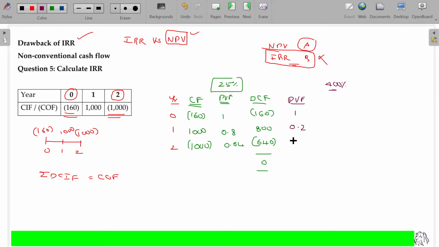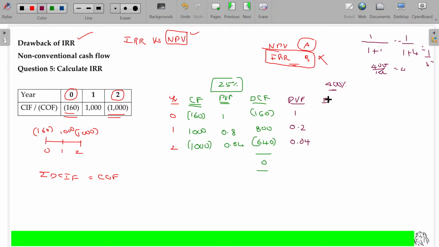And here 0.2, then 0.04, okay. 1 divided by 1 plus I, in this case being 400 percentage means 4. Always you will face the trouble. 1 divided by 5 will be the value here.